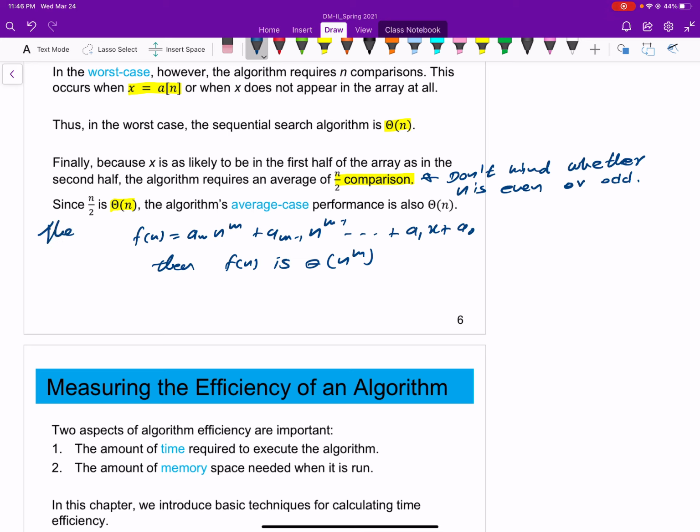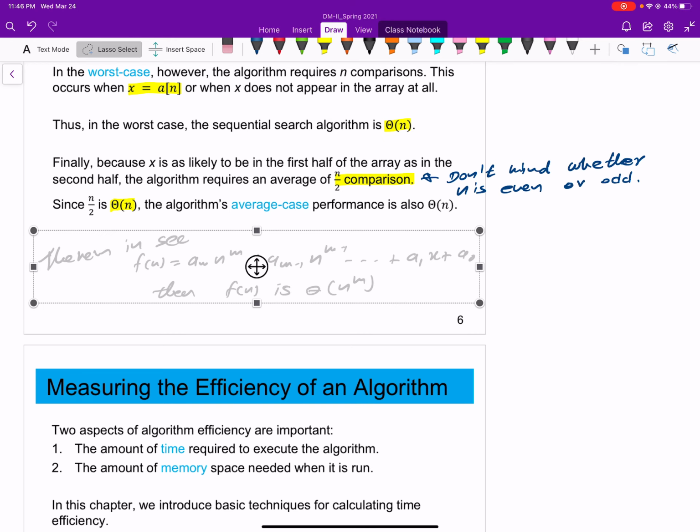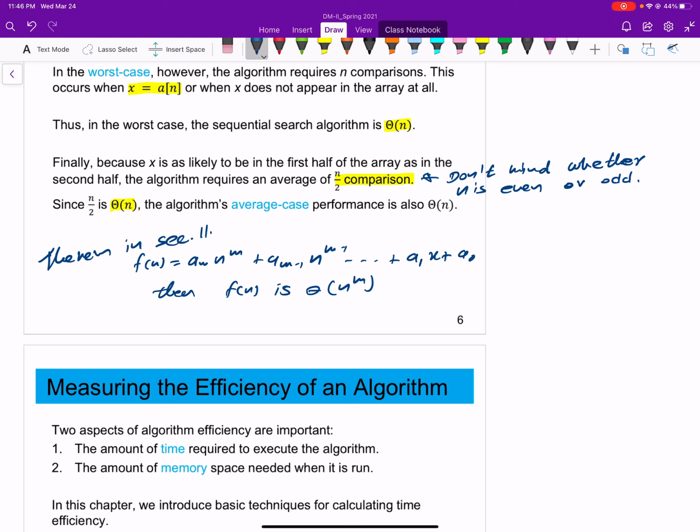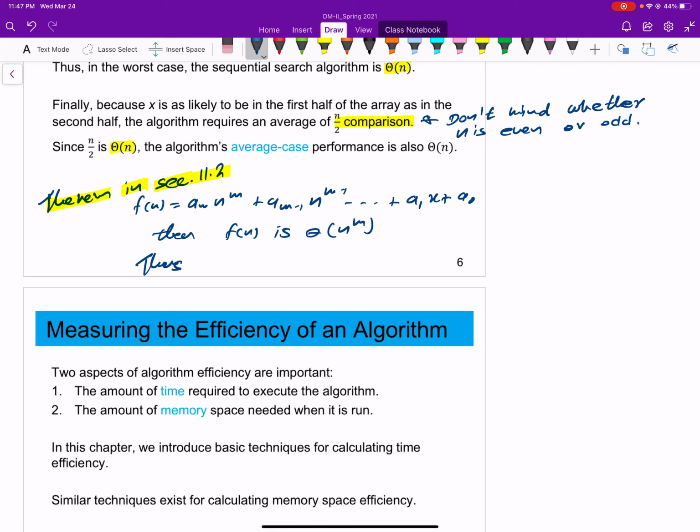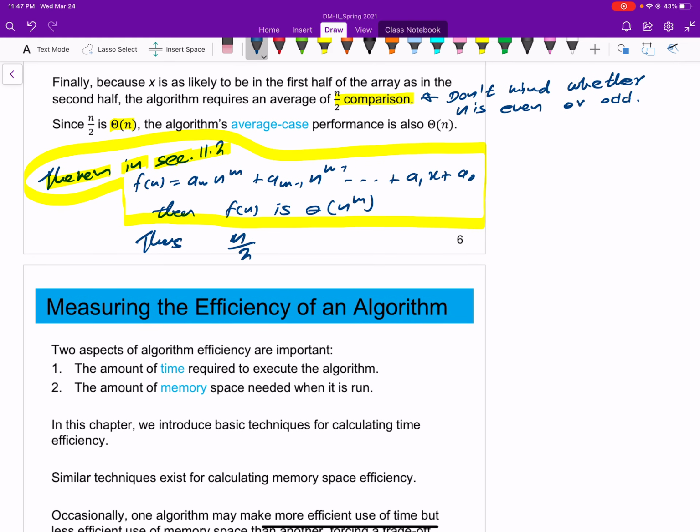This is a theorem in section 11.2. Thus, n over 2 is theta n.